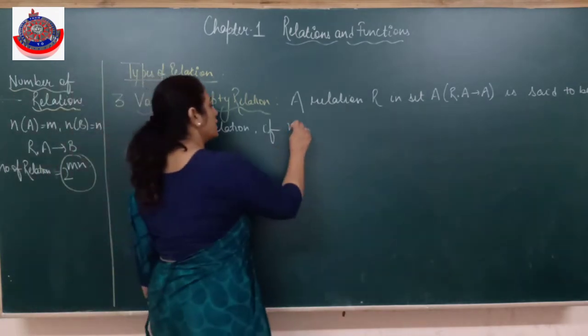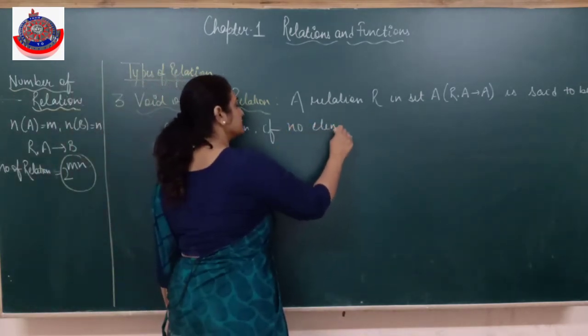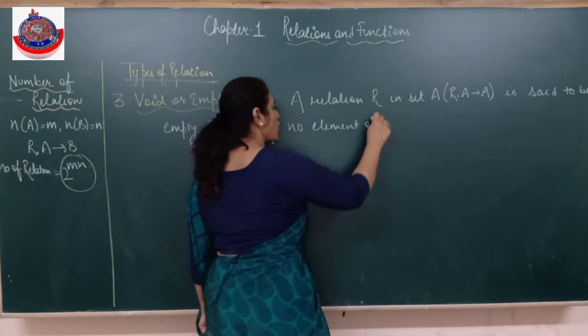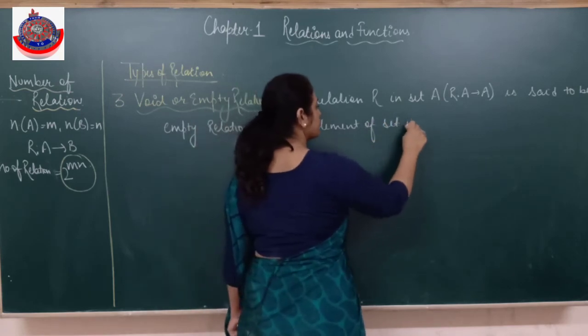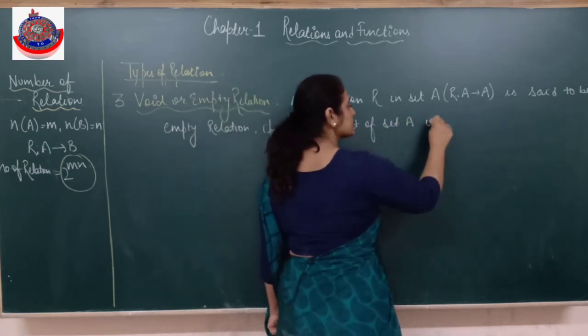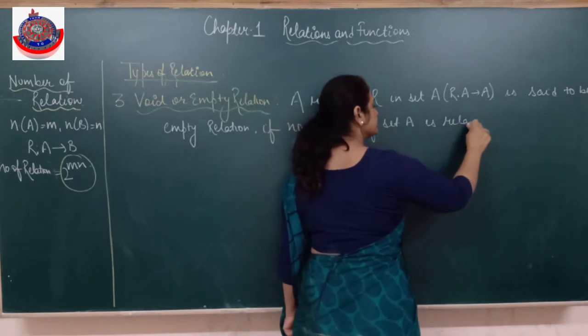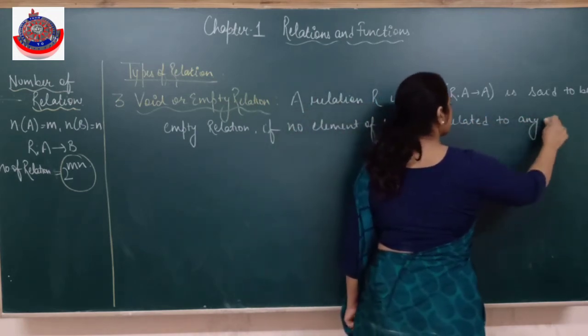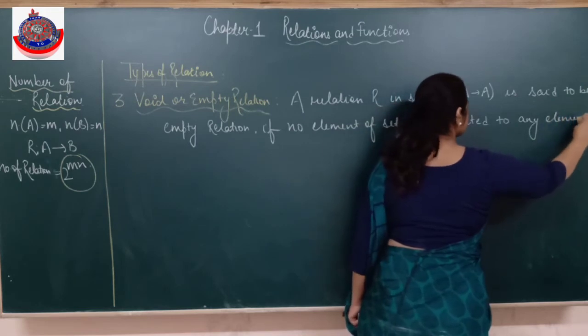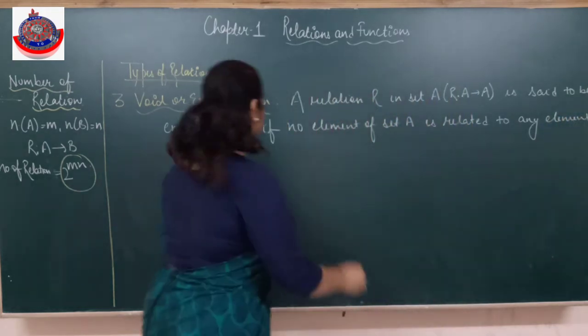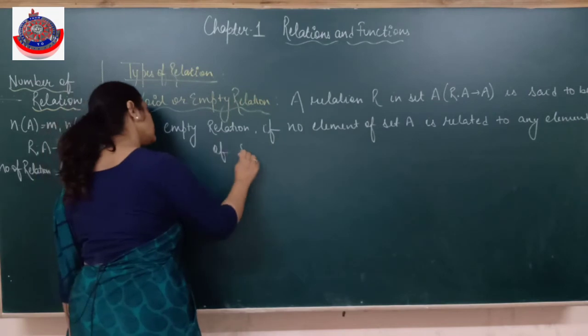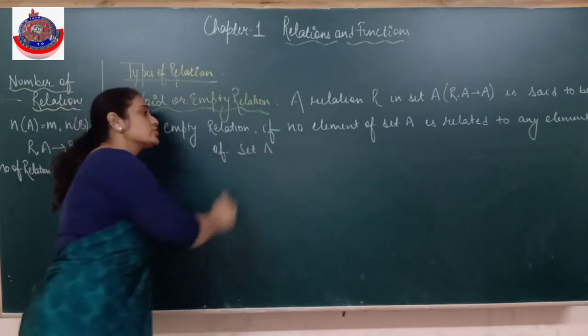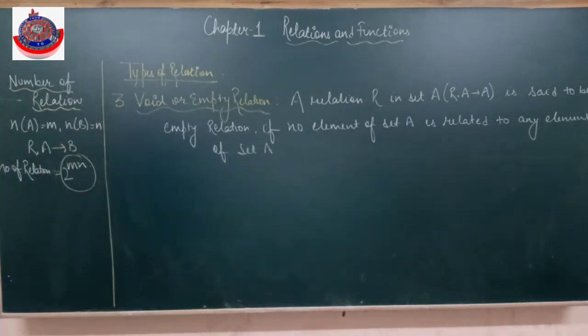If no element of set A, the first set, is related to any element of the second set, then there is no relation. Is it clear?